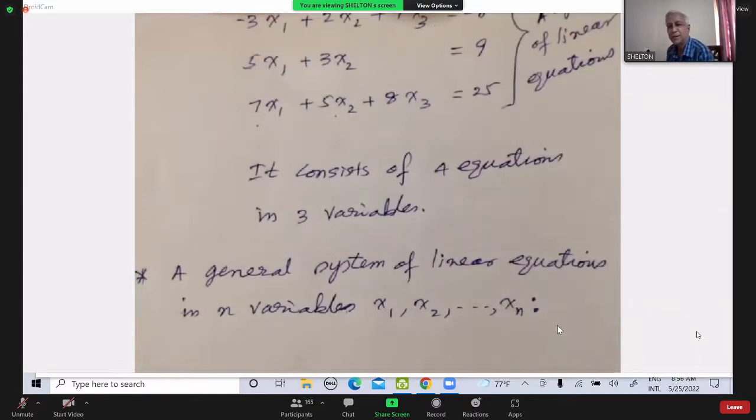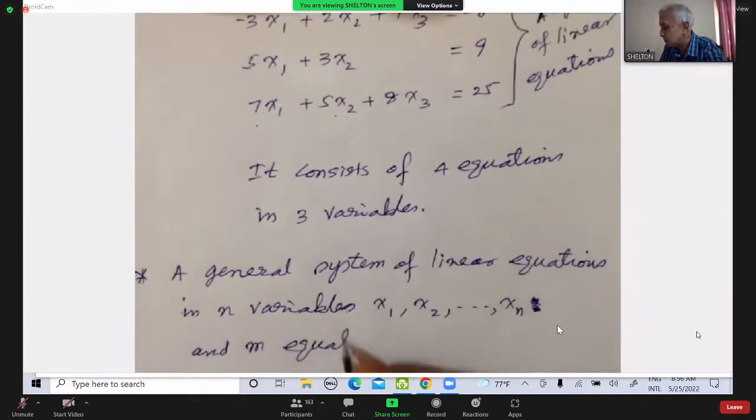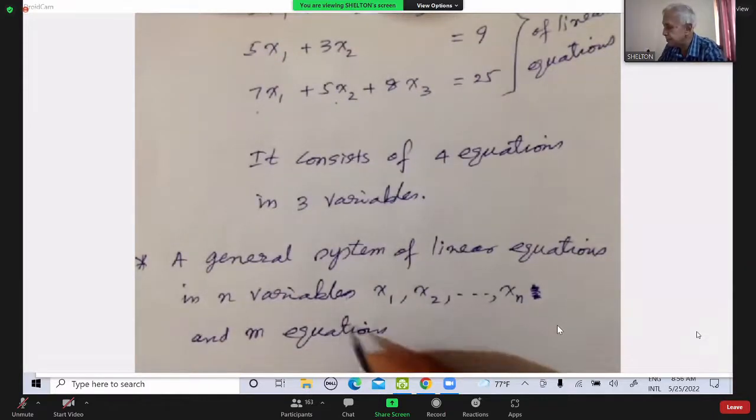A general system of linear equations in n variables and m equations.